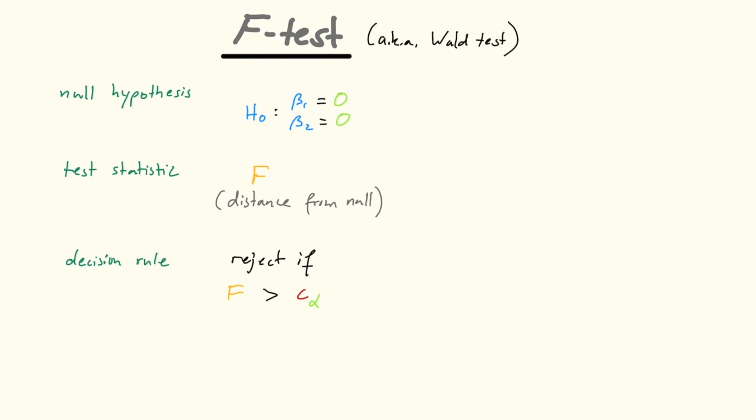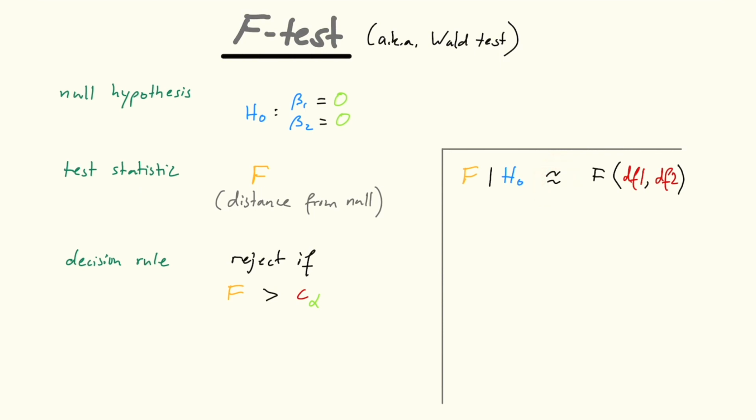To determine an appropriate value for C alpha, we have to consider the behavior of the test statistic if the null hypothesis is true. If the null hypothesis is true, then F has approximately an F distribution with df1 and df2 degrees of freedom.